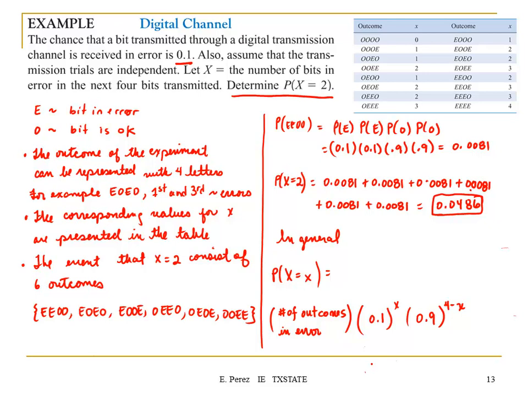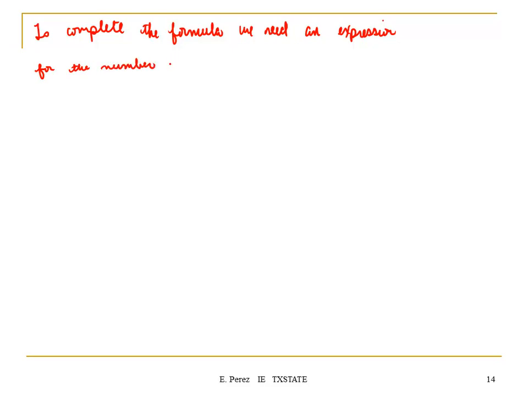Okay, so let me summarize this. To complete the formula, we need an expression for the number of outcomes that contains x errors.